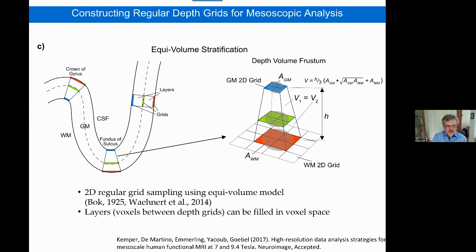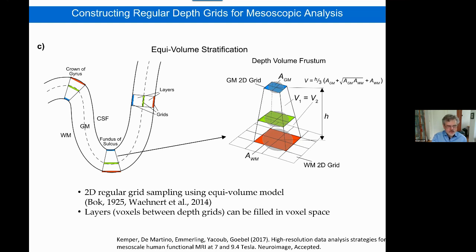These regular grids are connected through depths at corresponding grid intersection points to model the local orientation of cortical columns. Our modeling technique also models the curvature-dependent change in position of layers, which is commonly related to the so-called equivolume model to correct for this shift.